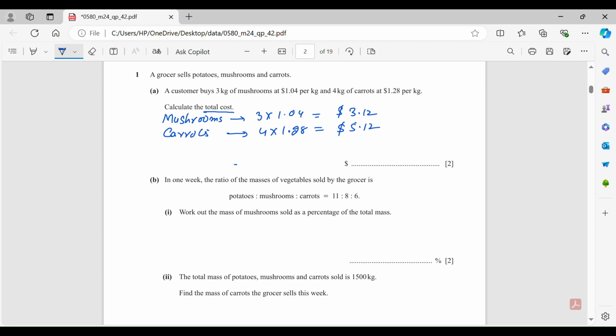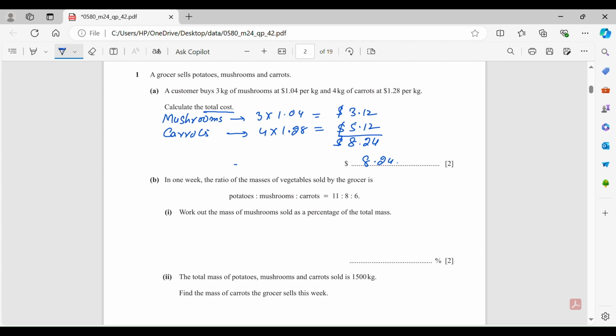So our answer, the total cost, is $8.24. So our answer is 8.24.